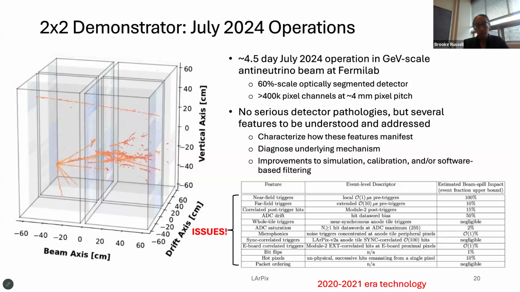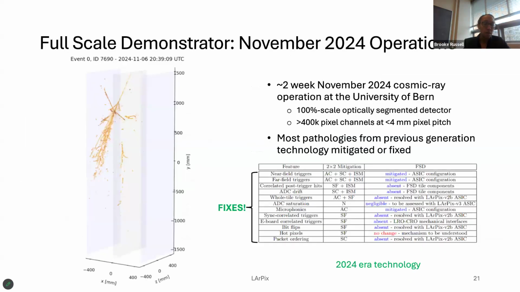This detector had over 400,000 channels at 4 millimeter pixel pitch. We observed no serious detector pathologies, but there are several features in the data that needed to be understood. I should note that this is older technology, and we've since, through great effort, characterized and understood the underlying mechanism of each feature and improved our system, be it in simulation, calibration, hardware itself, or software filtering, to mitigate or totally remove these effects.